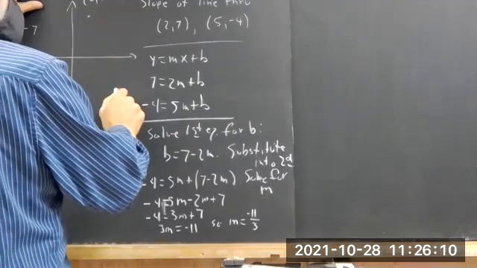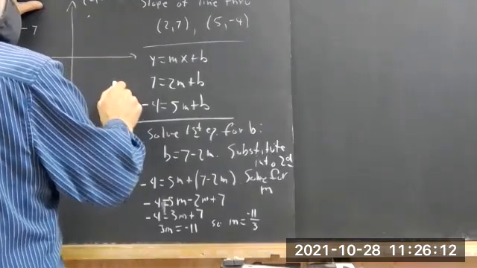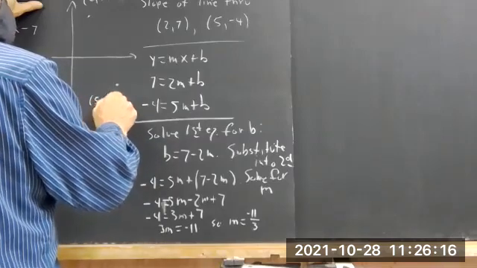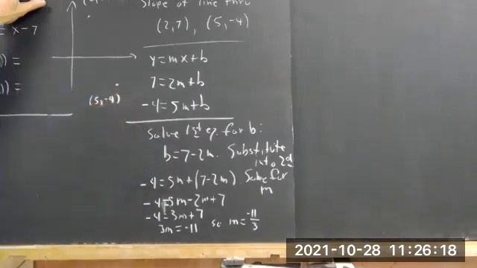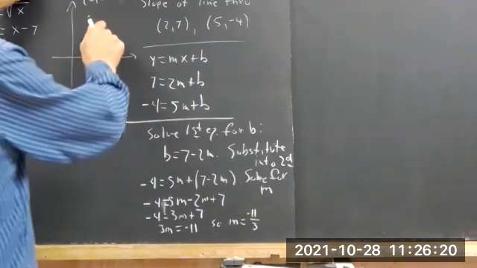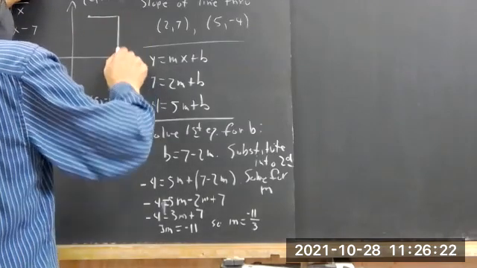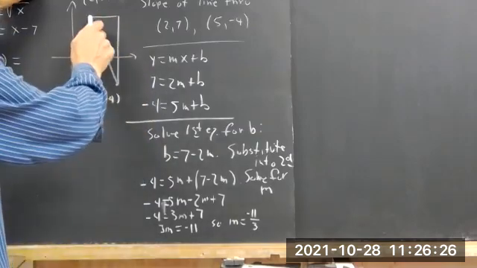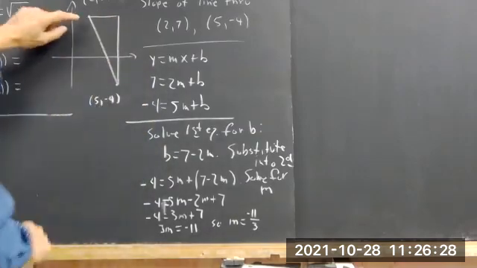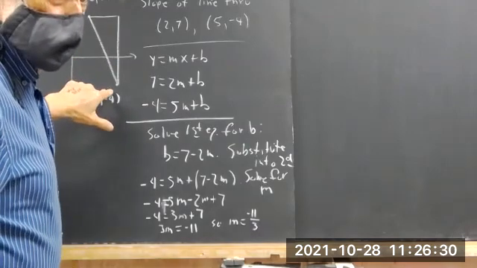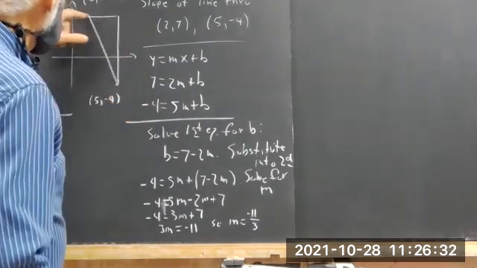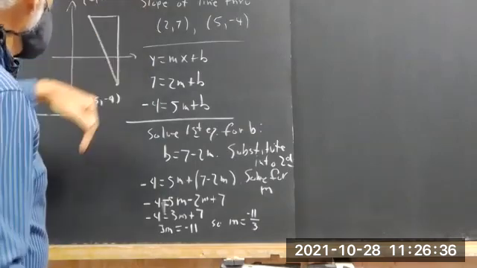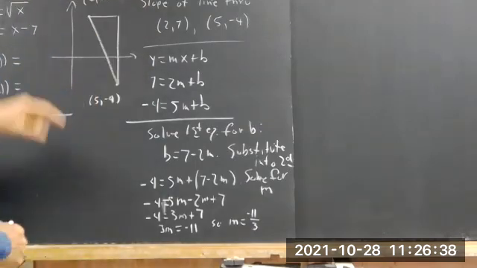And here's the point 5, -4. We draw what I've called the fundamental triangle between these points. One of the fundamental triangles, the other is drawn down below there. Hypotenuse goes from one point to the other. And the legs of the triangle are parallel to the coordinate axes.